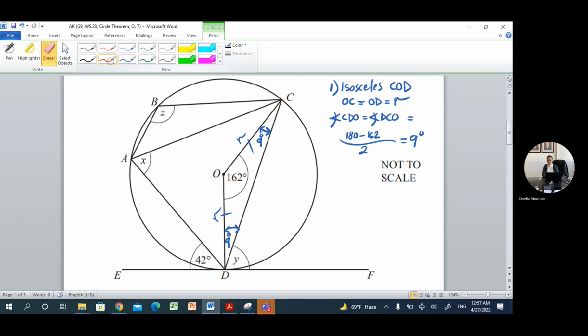Number 2. What I would be thinking of if I look at the shape is, this is a tangent. And this is a chord. The angle between the tangent and the chord is 42.